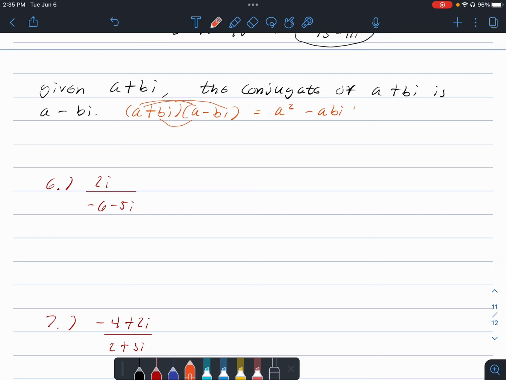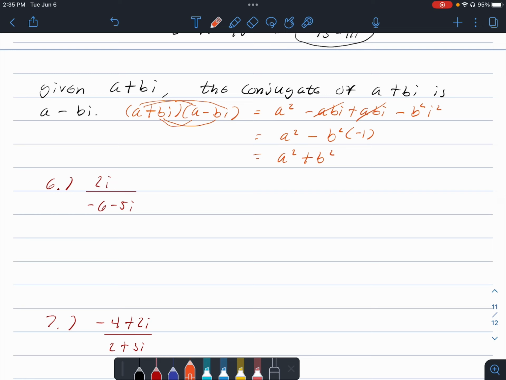So again, we have plus a times bi, and then we have bi times a negative bi. So we have minus b squared times i squared. But what you'll see here is this minus abi plus abi. Those will go away. And then this i squared will just become a negative 1. So we have a squared minus b squared times negative 1. Or this is the same as a squared plus b squared.